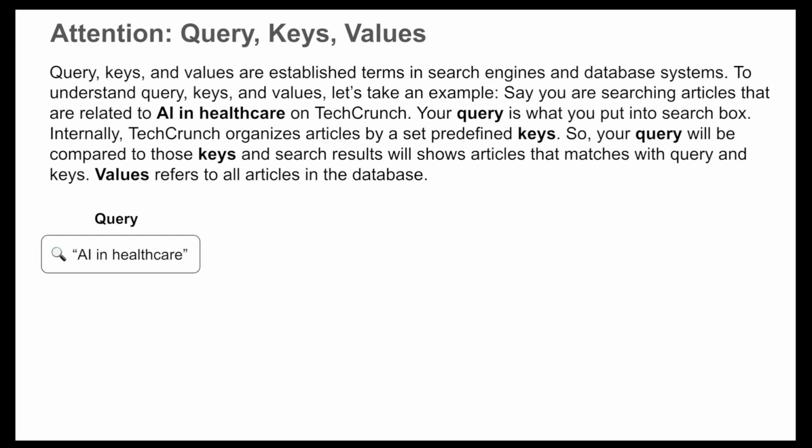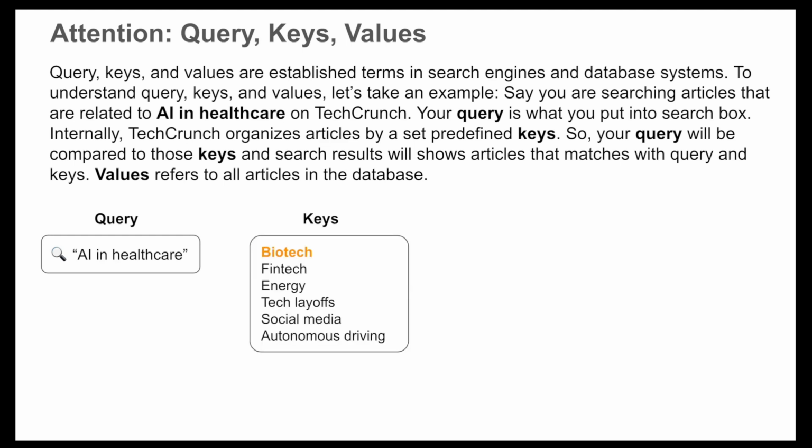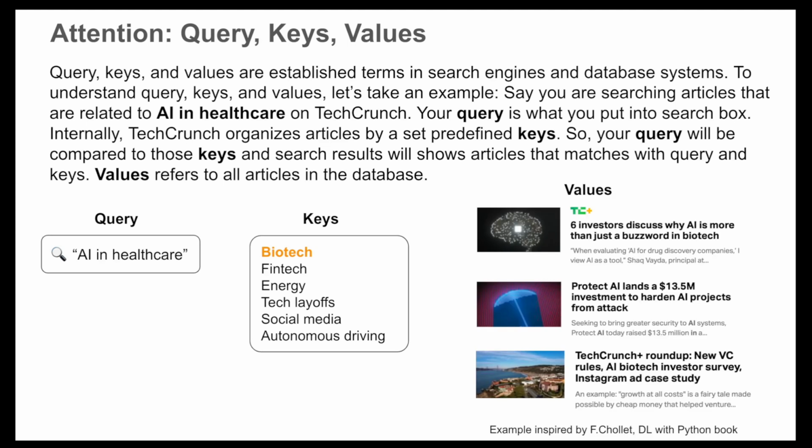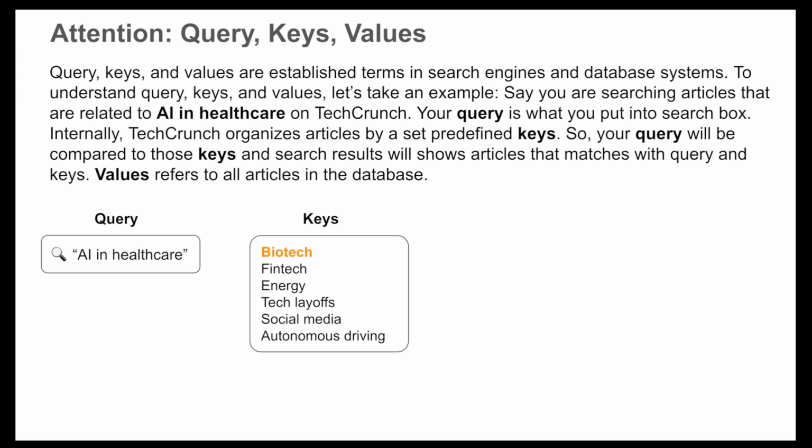Internally, TechCrunch organizes articles by a set of predefined keys. The keys might be biotech, fintech, energy, tech layer, social media, autonomous driving, etc. Your query, AI and healthcare, is going to be compared to the predefined keys, and the search result will show articles that match your query and keys.